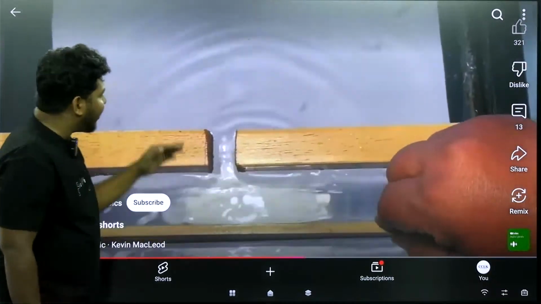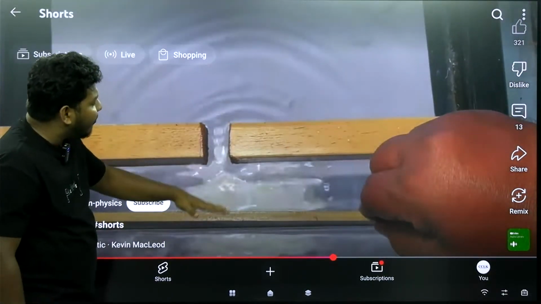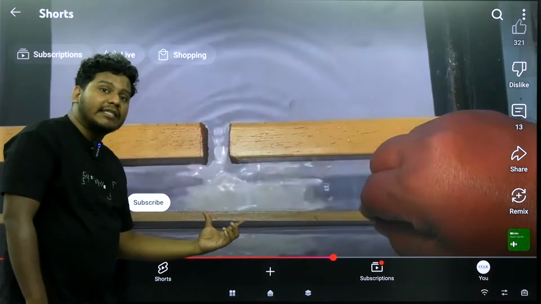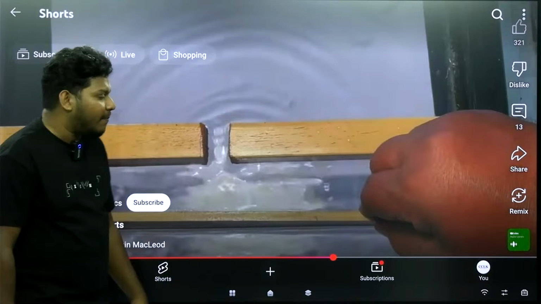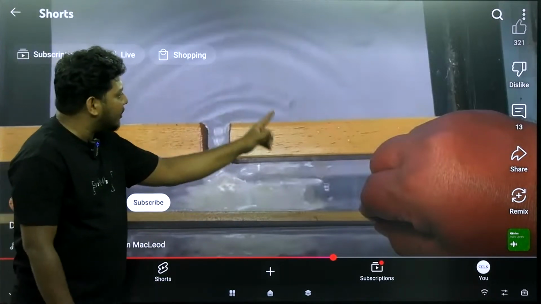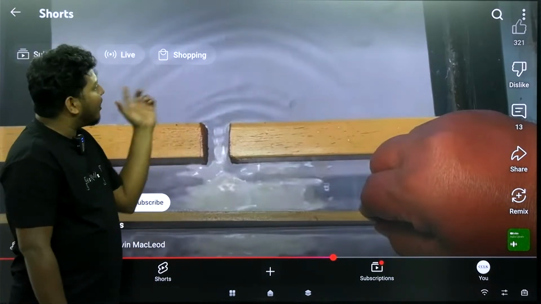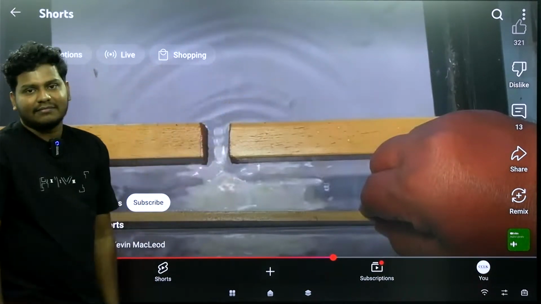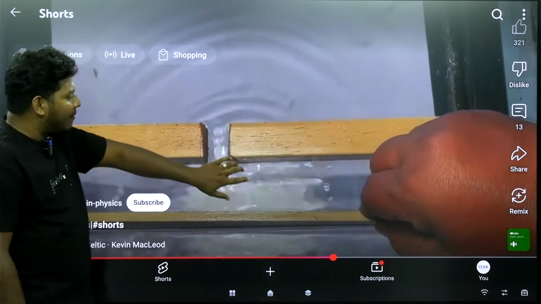Here the parallel waves are coming from this part. This is the vibrator, this is the parallel bar, and the vibrator is vibrating here. When the parallel wavefronts come through the hole, the circular wavefront is forming here.